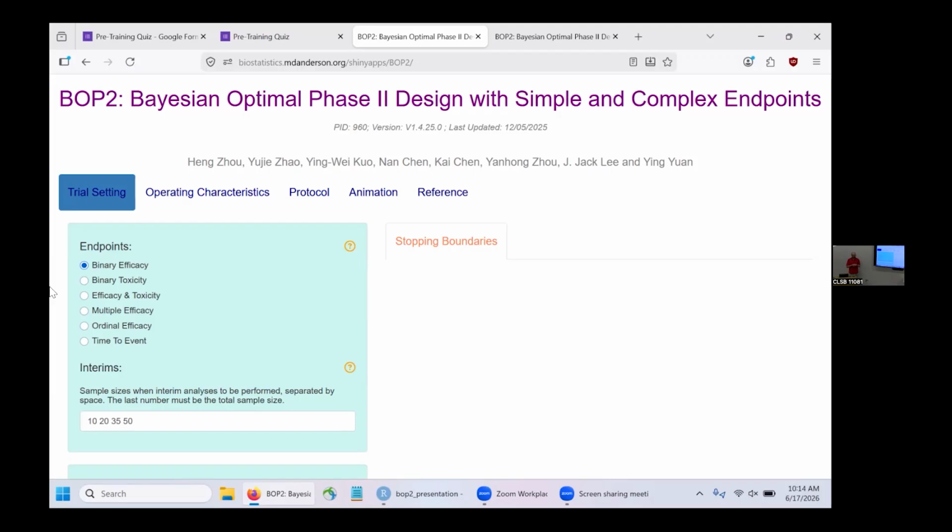So that's why you have so many interim looks here, that there isn't a statistical cost, you could argue. Now, there might be a logistical cost, depending upon how difficult it is to look at the data and do the analysis, or wait and determine whether something is a response or not. So there are for sure logistical reasons for minimizing the number of interim analyses, but in terms of the statistics, not so much.